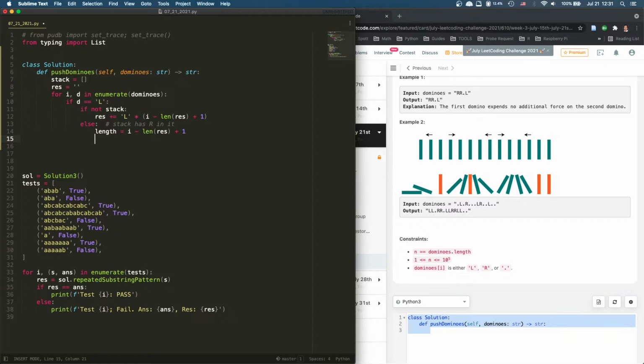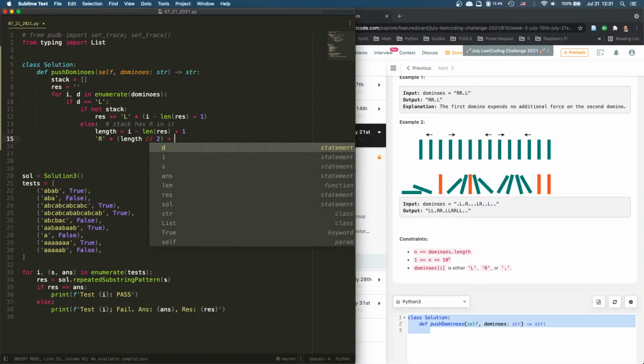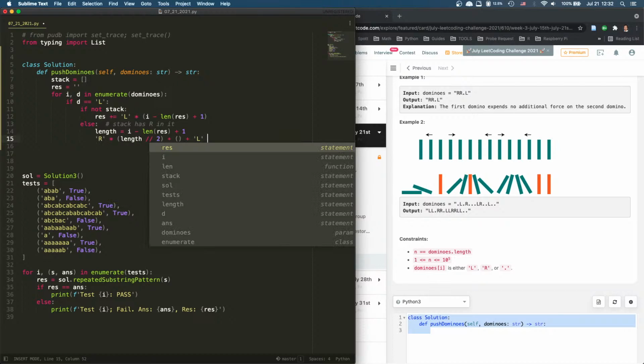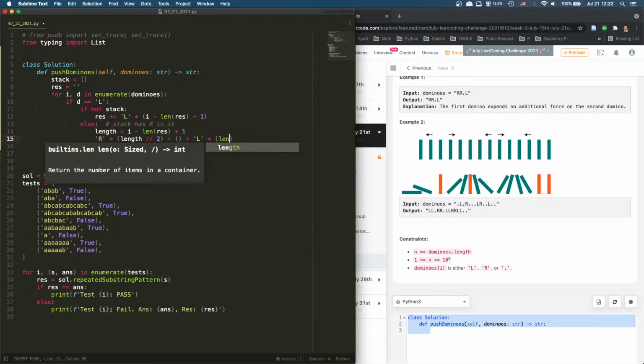And we can say it will be R times length divided by 2 plus, well, we don't know plus what, and then plus left times length divided by 2. It's not in the middle, right?